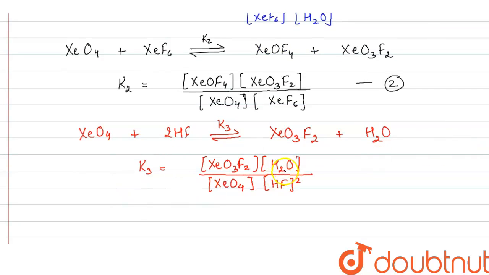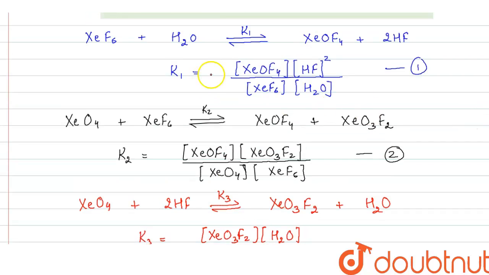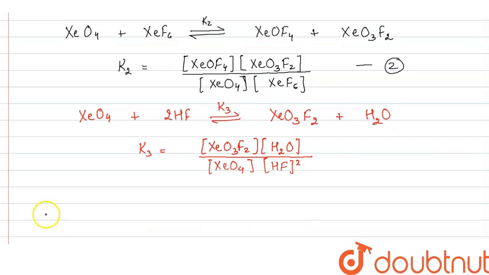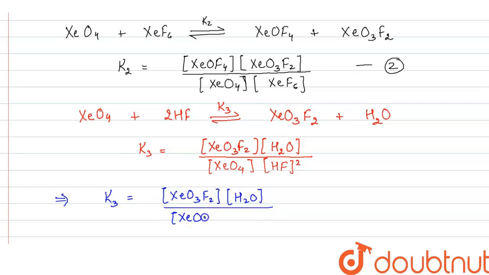Now this is the expression for K3, but we need the equilibrium constant in terms of K1 and K2. So what we will do, we will arrange these concentration terms in such a way that we get K1 and K2. So K3 is equal to concentration of XeO3F2 into concentration of H2O divided by concentration of XeO4 into concentration of HF raised to the power 2.